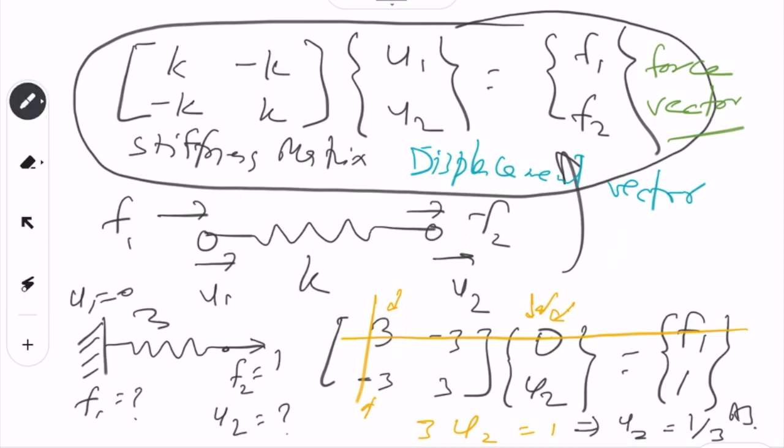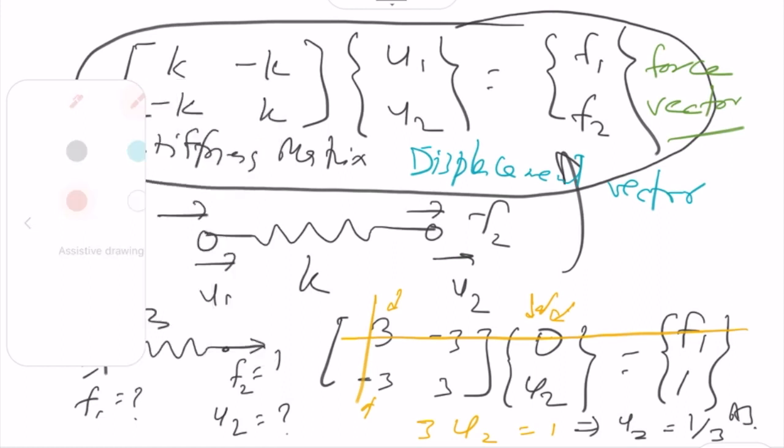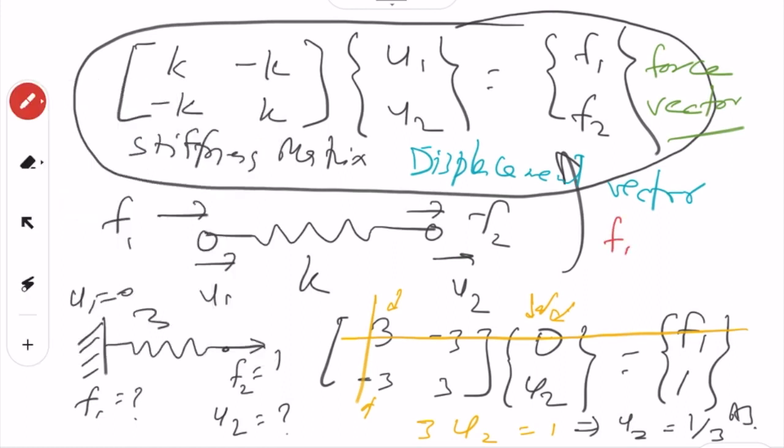F1 will be equal to 0 multiplied by 3 minus 3 U2, and U2 here is 1 over 3. So what we get is F1 equal to minus 1, and this is the answer. It tells you that F1 is in the negative x direction.